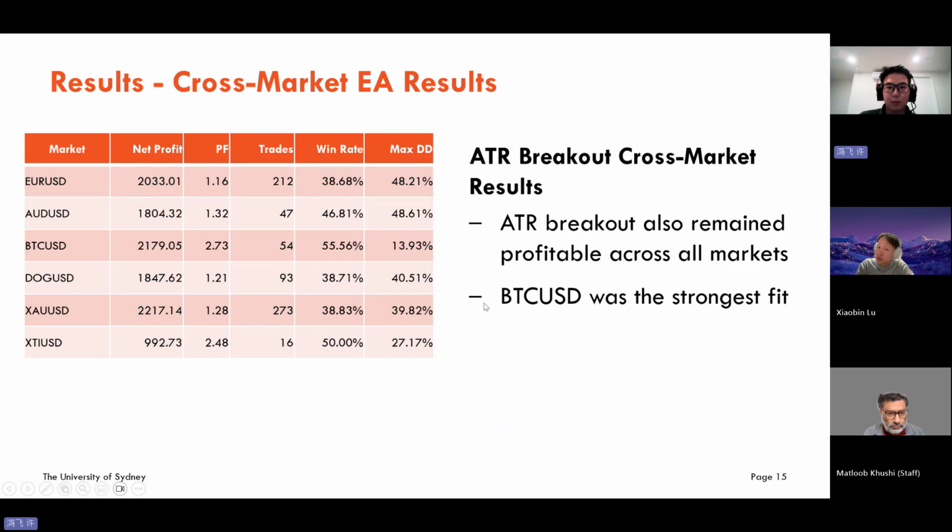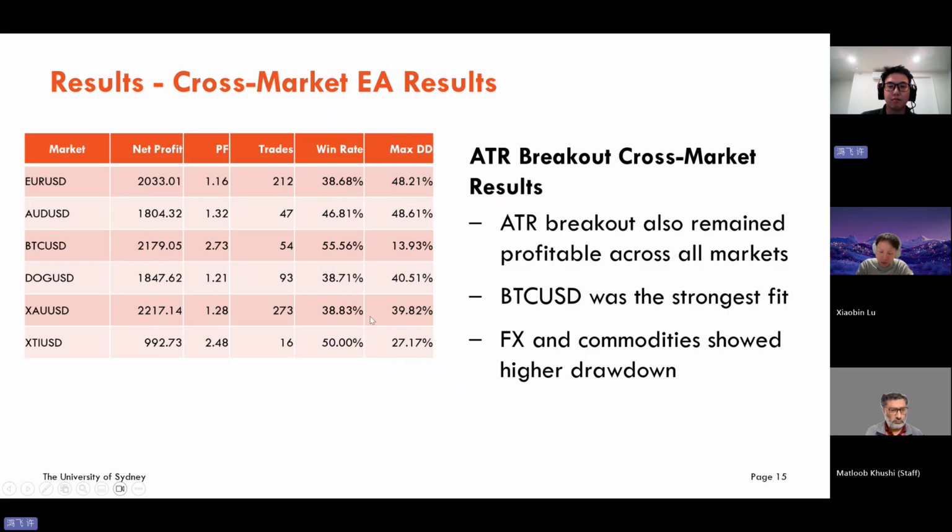What's interesting about this one is that Bitcoin fits the ATR strategy the most, and the foreign exchange and commodity show higher drawdown, higher than the previous strategy, all of them.